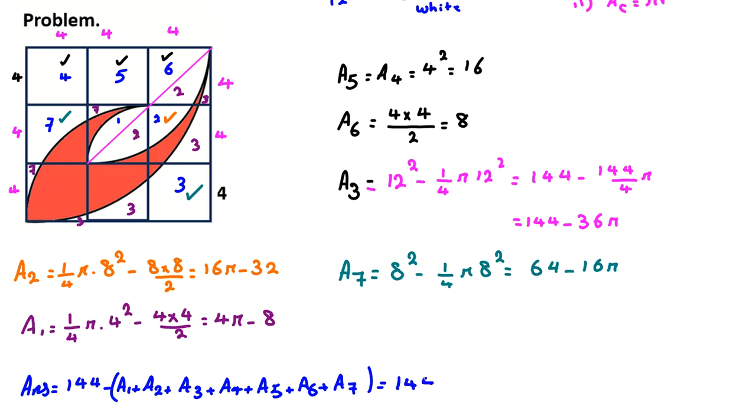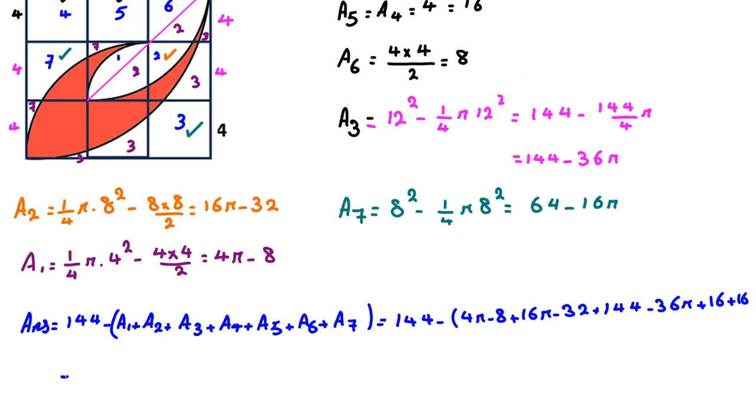A1 is 4 pi minus 8. A2 is 16 pi minus 32. A3 is 144 minus 36 pi. A4 and A5 are 16 each, so 16 plus 16. Area of 6 is 8 plus 8. Area of 7 is 64 minus 16 pi.